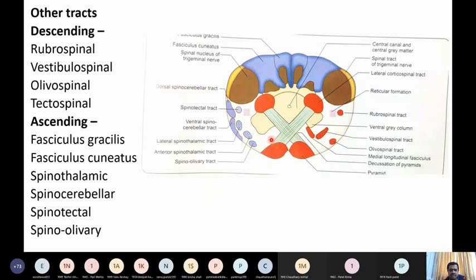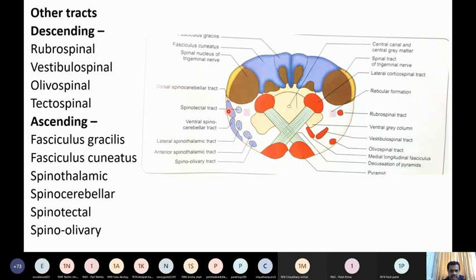Now there are a few ascending tracts at this level. They are fasciculus gracilis that we studied earlier, then fasciculus cuneatus. Then here we have the spinal tract of the trigeminal nerve, which is related to the spinal nucleus of the trigeminal nerve.